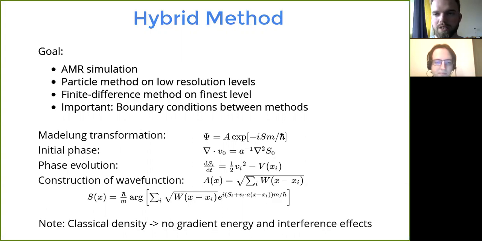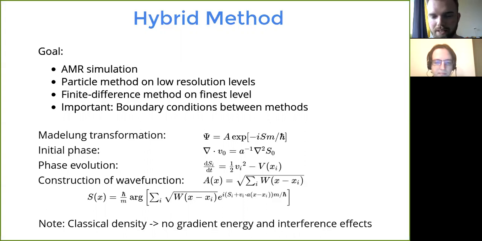So how do we do this reconstruction? We do that by using the Madelung transformation. So basically representing the complex field, this wave function, in polar coordinates. And if you then plug that into the Schrödinger equation, you obtain the Euler equations with an additional term that's typically called quantum pressure or gradient energy.